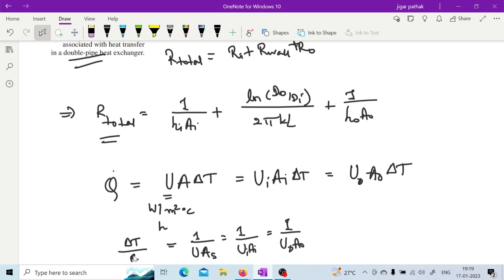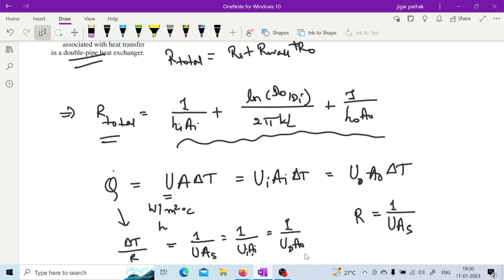If you equate delta T by R, which is again the heat transfer, to U A delta T, you will find that your R is 1 upon U A. Now R we have already defined as 1 upon h_i A_i plus ln(d_o/d_i) upon 2 pi k L plus 1 upon h_o A_o. So you can equate this directly to 1 upon U_i A_i and 1 upon U_o A_o, which is nothing but 1 upon U A only.